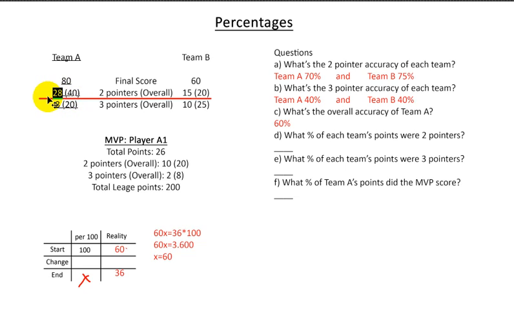Well, if they scored 28 2-pointers, that doesn't immediately answer how many points they got from these. It just means that they scored 28 2-pointers, meaning that to find how many points they got from these, we need to multiply this by 2 because each of these is worth 2.